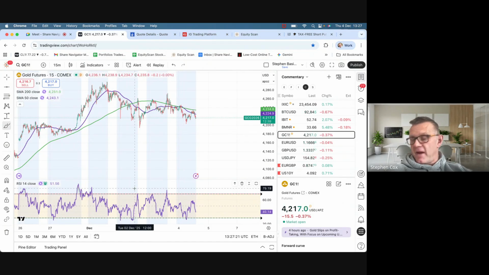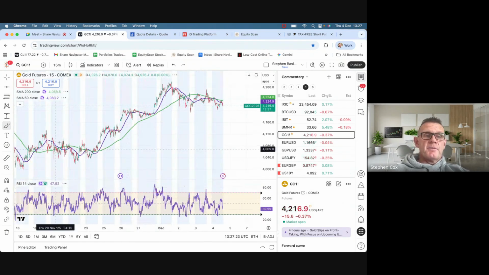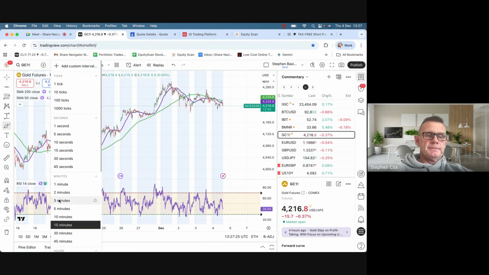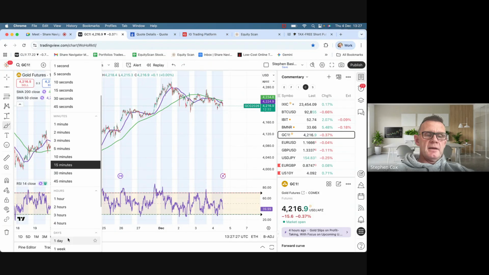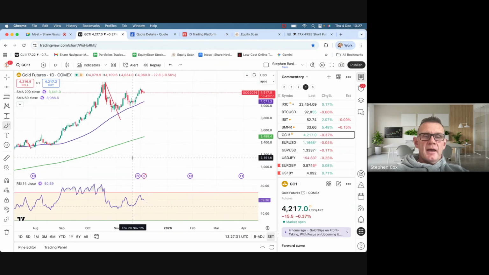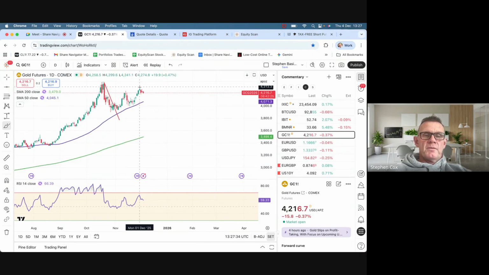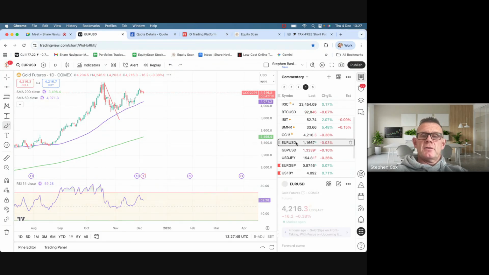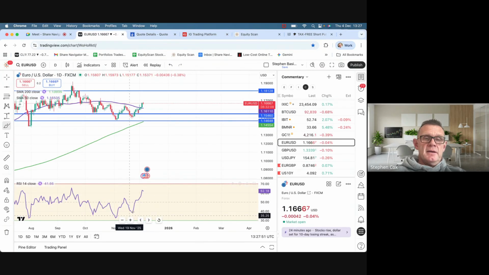That has been very good, because if you switch gold back to a daily chart, it's gone pretty much into consolidation mode here. We're starting to consolidate here with a bias to being up again. So anytime you get a bullish RSI cross on the short-term chart, I think it's not a bad one to trade either. Okay. So I'll just go through each of the currencies now to see where we're at.